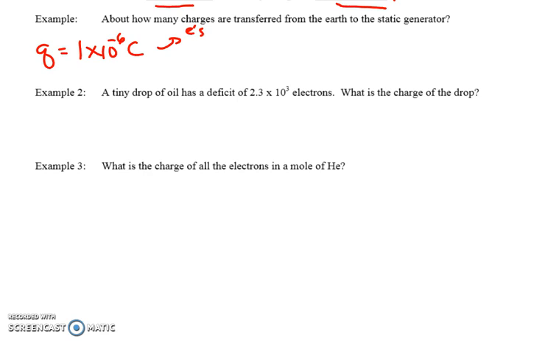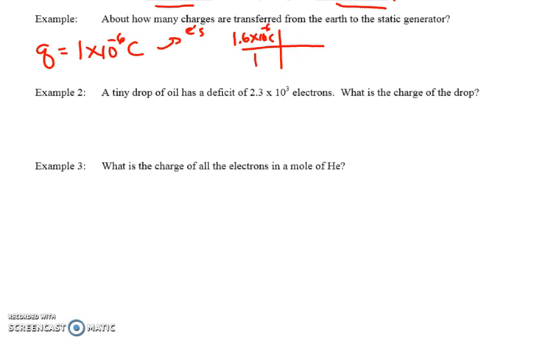So this is how I suggest you set it up. I'm going to give you a method. We're going to make a little table. I'm going to take my quantity, 1 times 10 to the negative 6th, put it up there, and put a 1 underneath that.